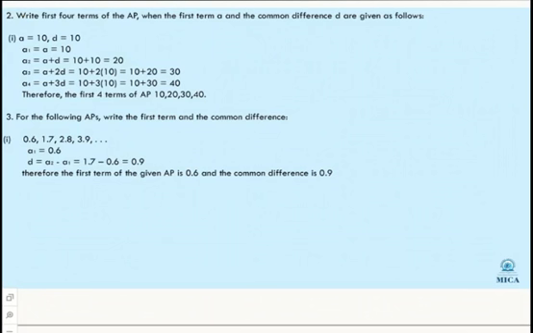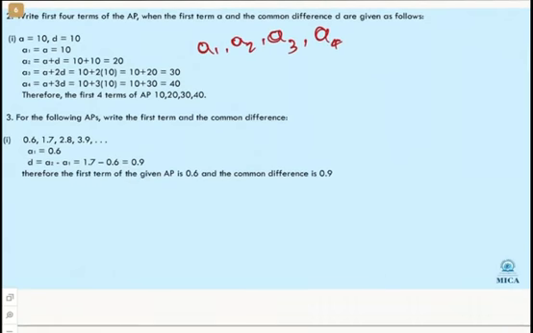Write first 4 terms of the AP when the first term A and the common difference D are given as follows. So they have given A as 10 and D as 10. So we have to find the first 4 terms of AP, that is A1, A2, A3 and A4. So here as you can see, A is considered as A1. So A1 is equal to 10.